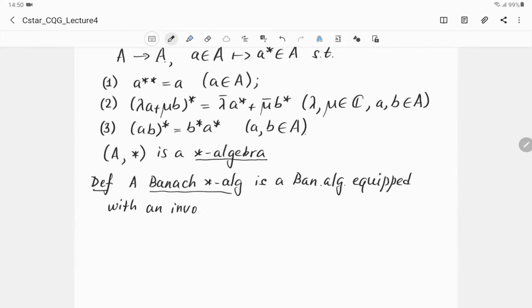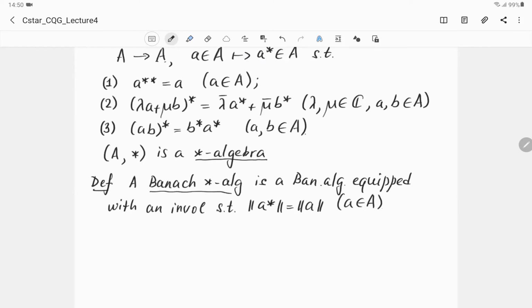So it is a star algebra and a Banach algebra at the same time, such that the involution is isometric.